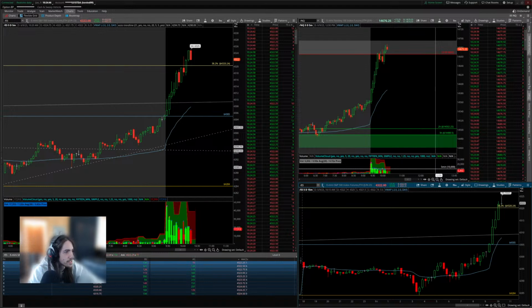I don't like Nasdaq's formation up here. That's very bearish. Definitely not a fan of what Nasdaq's doing right here. That's bad.